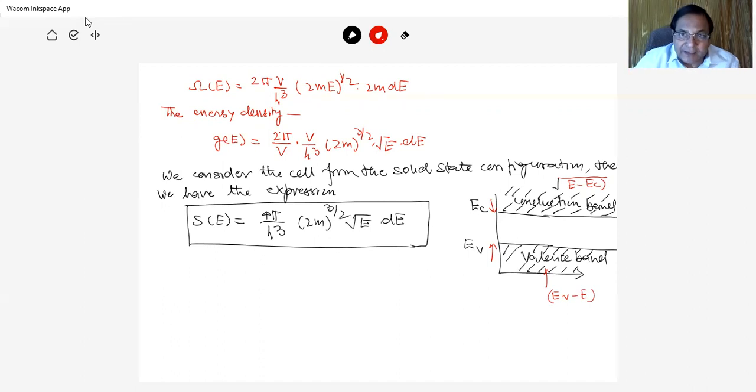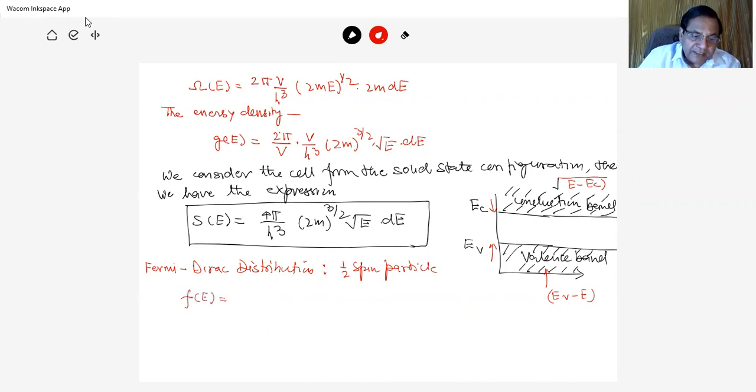So we can have another concept, that is Fermi-Dirac distribution, that is quantum statistical distribution for half spin particle like electron, and the FD function is F(E) is 1 upon 1 plus e raised to the power (E minus EF) upon kT.